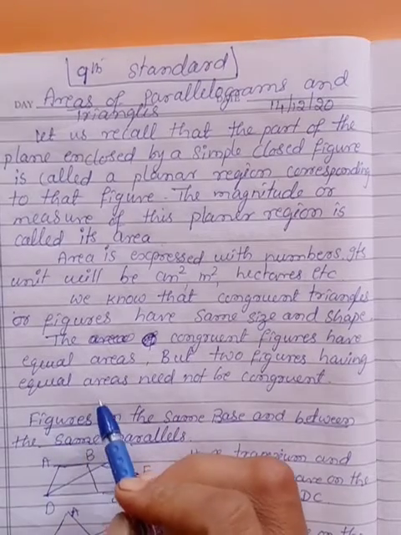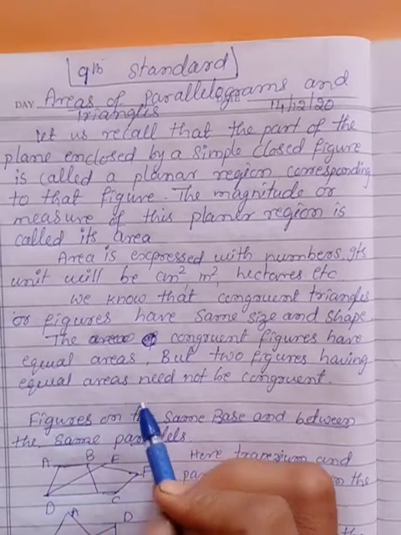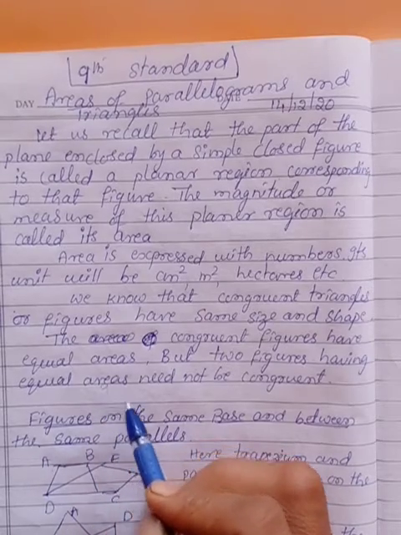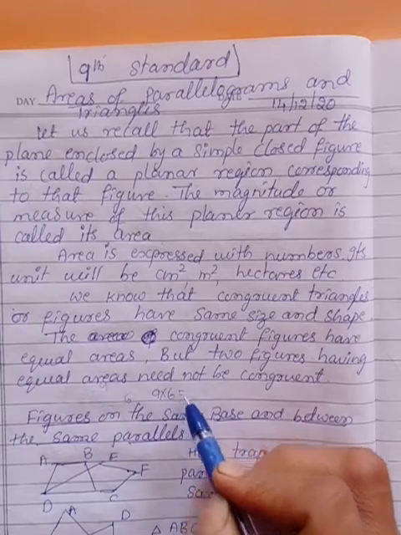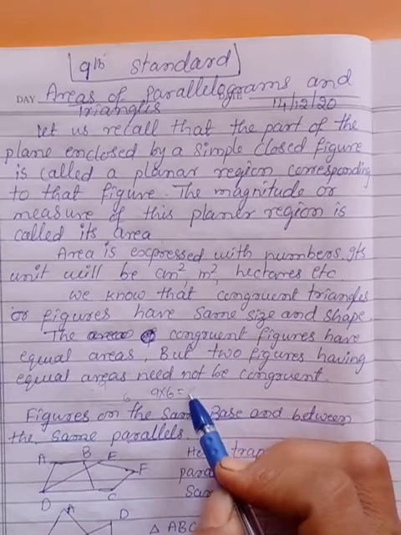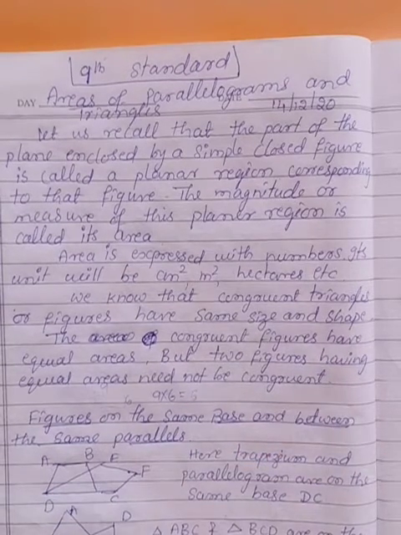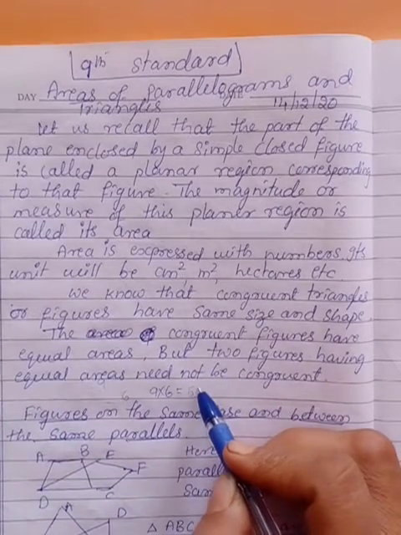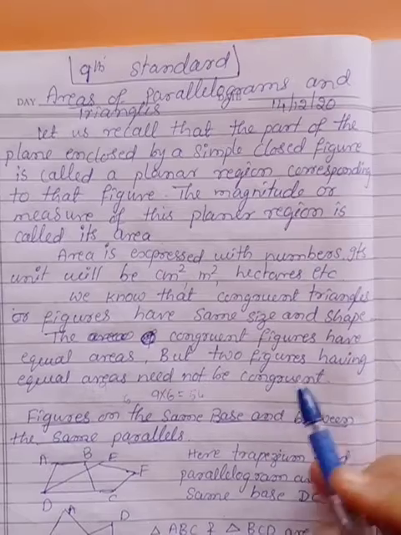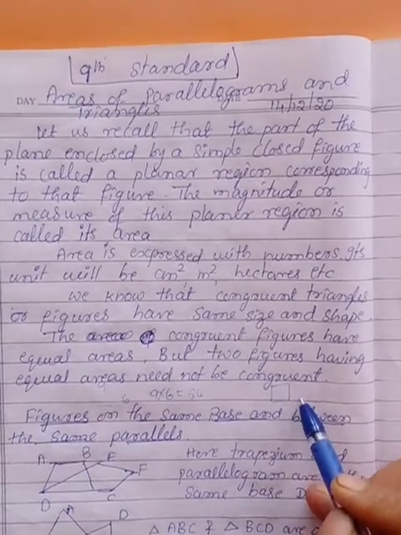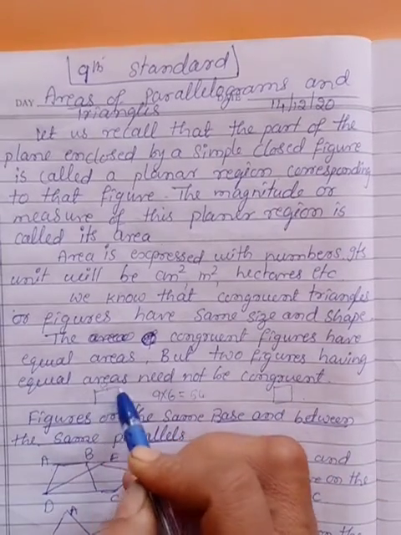For example, a rectangle has an area of length 9, breadth 6. So 9 into 6 is 54. Or something else you can take. Another square that has an area 54 will not resemble the rectangle.